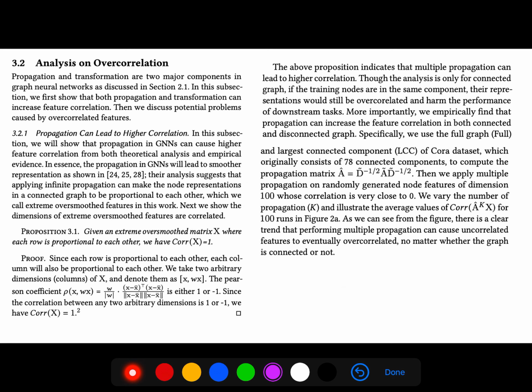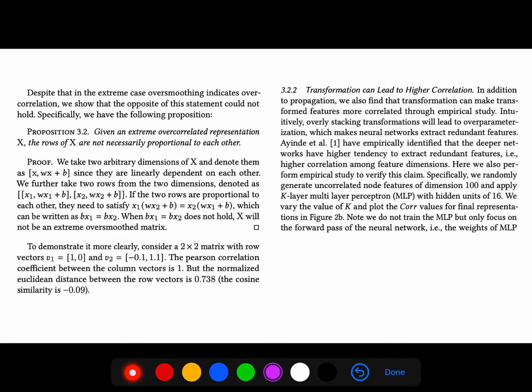So propagation can lead to higher correlation. For example, in this proposition, they showed that given an extreme over-smoothed matrix where each row is proportional to each other, we have this correlation equal to 1. Classic math.